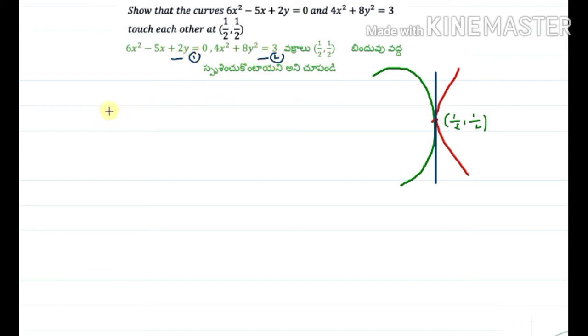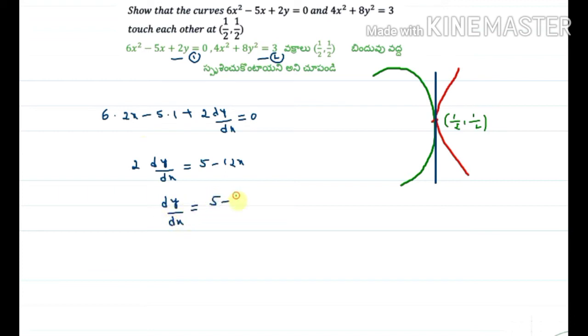Differentiate 1 with respect to x on both sides. 6 constant, x square derivative is 2x, minus 5 constant as it is, x derivative is 1, plus 2 into dy by dx is equal to 0. Now from this, 2 into dy by dx is equal to 5 minus 12x. dy by dx is equal to 5 minus 12x divided by 2.